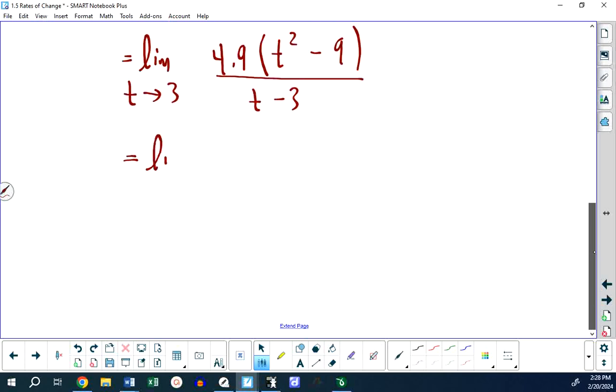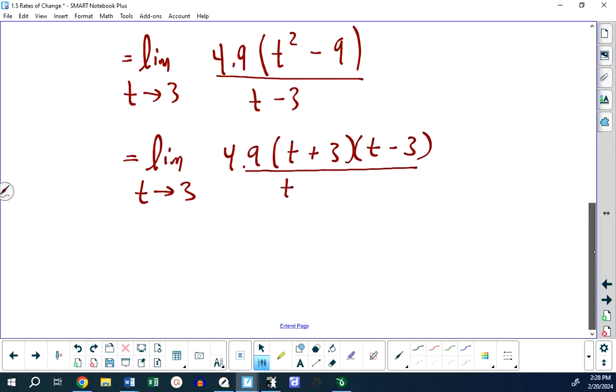So this is the limit as t approaches 3 of 4.9 times t plus 3 times t minus 3. Cancel those. Bob's your uncle. I don't know what that means. It's an expression. I guess it just means we're ready to go. And now I can put in 3 for t.